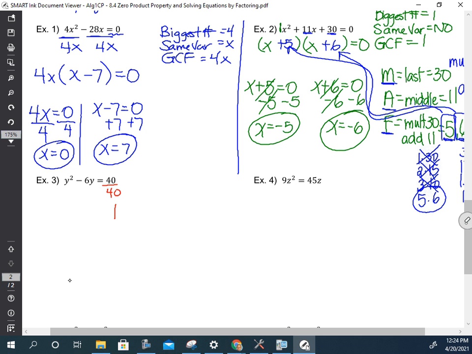Here it is. 40 minus 40 is 0. But if you do it on the right side, you got to do it on the left side too. That's y squared minus 6y minus 40.